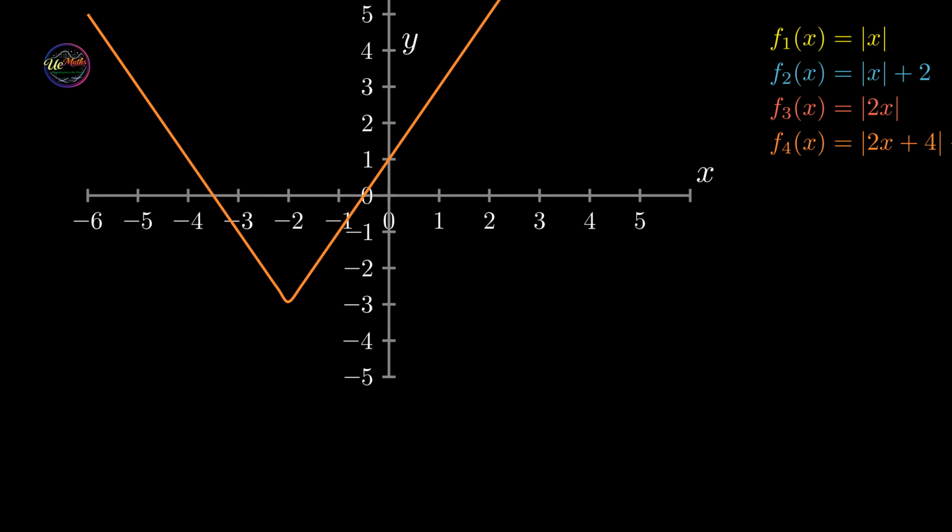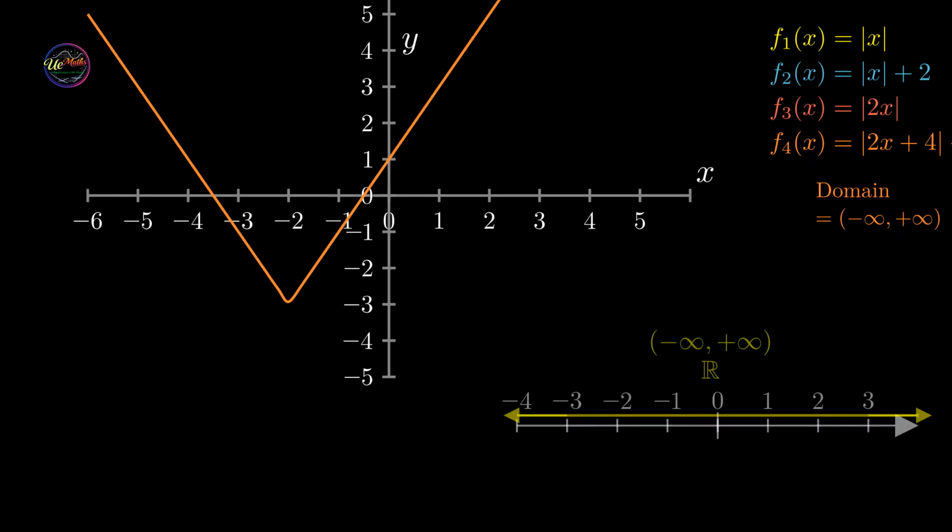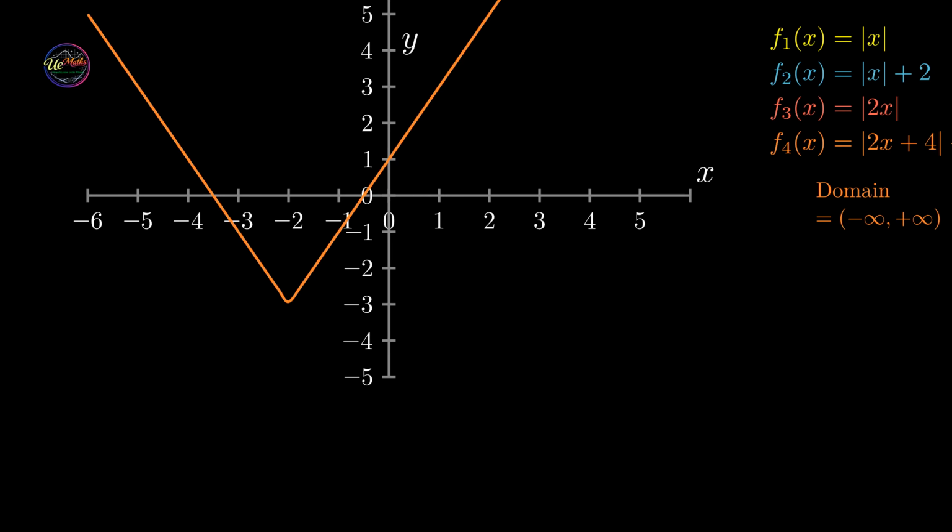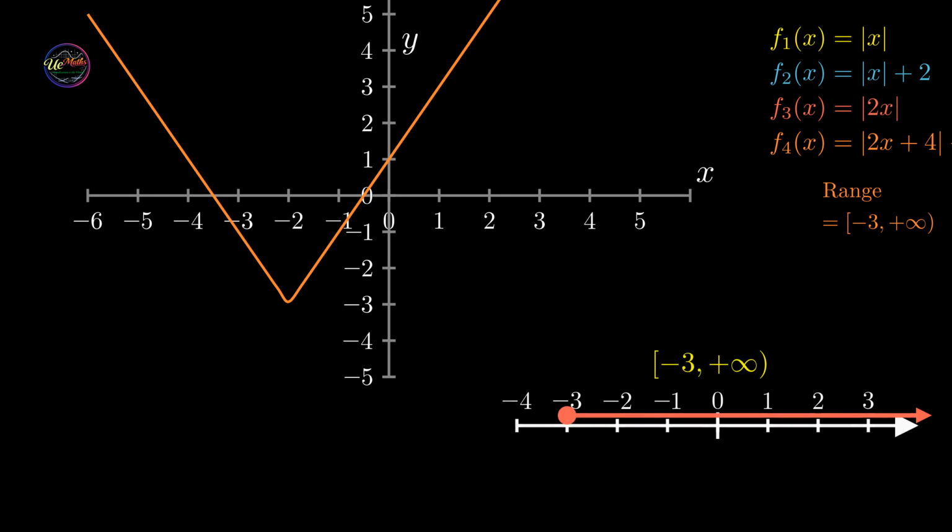Subtracting 3 shifts that minimum down to negative 3. Therefore, the domain of the orange curve is still all real numbers. So the range is the closed interval from negative 3 to positive infinity.